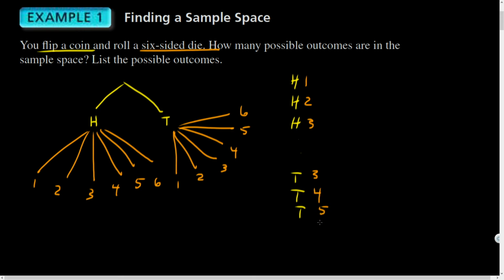I'll show some of them. So I would have had 1 through 6 with heads, and then 1 through 6 with tails, and I would have had the same 12 possible outcomes. That's the first thing we've got to be able to figure out: what are the possible outcomes, what is the sample space.